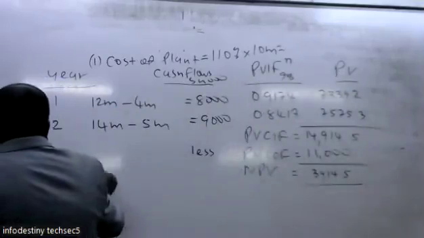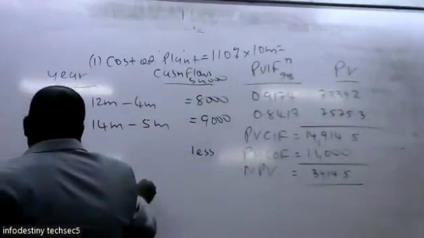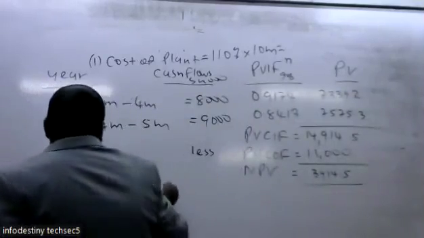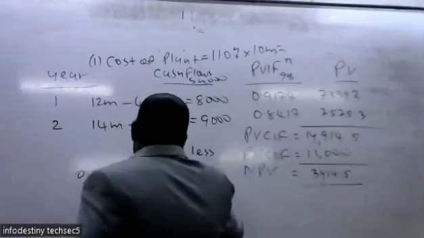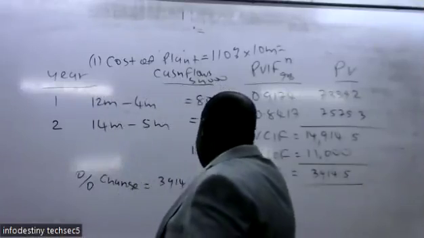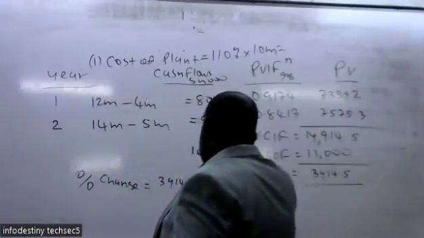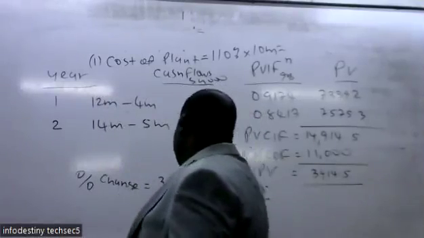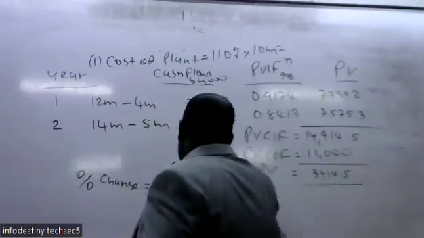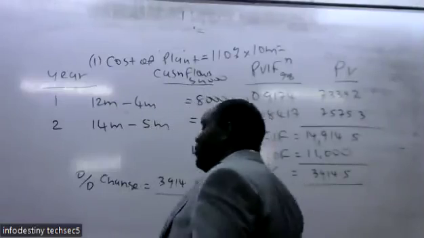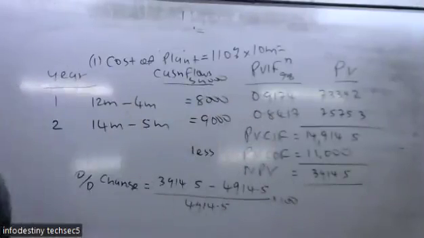So percentage change in the NPV, you take 3914.5, subtract 4914.5, and divide by 4914.5, because that is the one we got initially without subjecting it to sensitivity analysis. So that NPV has reduced by what percentage?